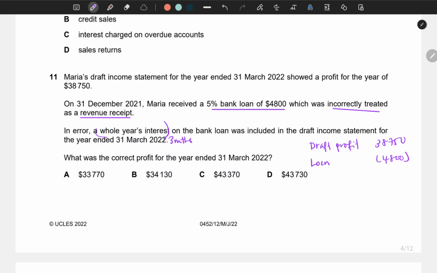To find it, 5% multiplied by the loan 4,800 multiplied by 9 over 12. This is 180. This is the interest on the loan that should not be included in the income statement, so you need to add back 180.